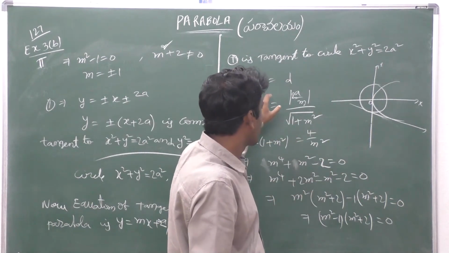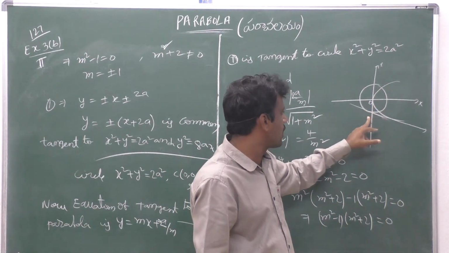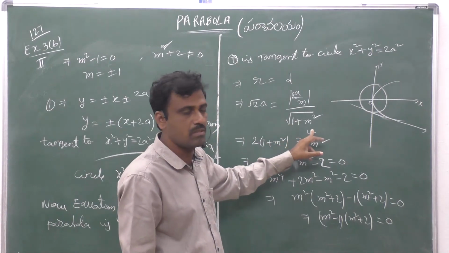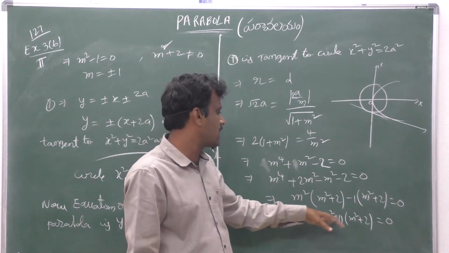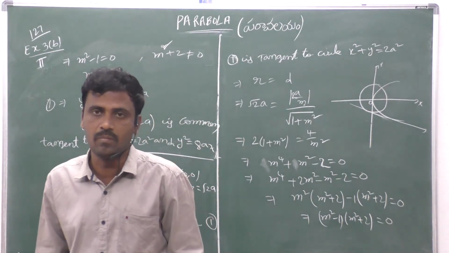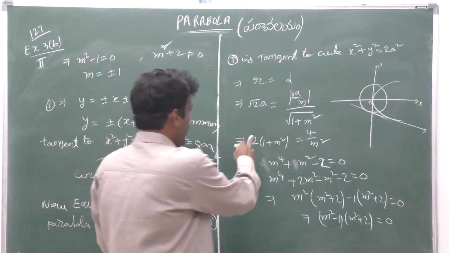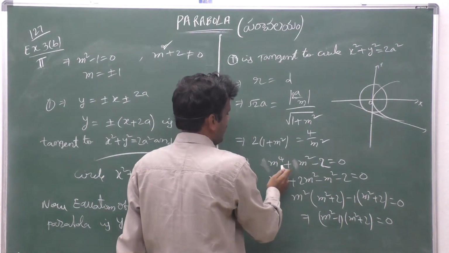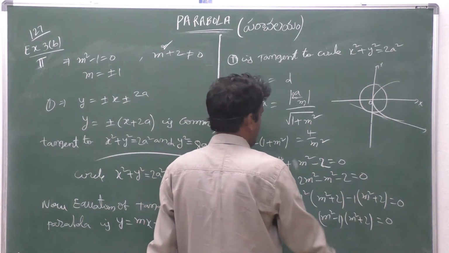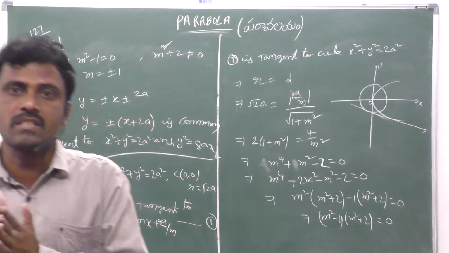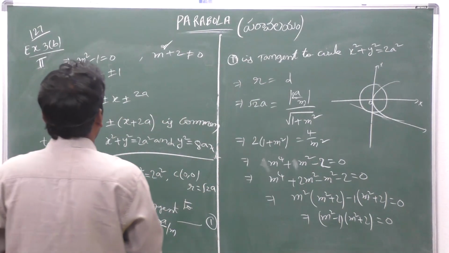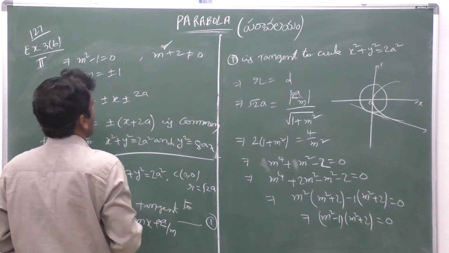That means radius equal to perpendicular distance from origin to line, mod c by root of a square plus b square. 2 cancel, cross multiplication, we get m square minus 1 into m square plus 2 equal to 0, because 2 into 1 plus m square equal to 4 by m square, cross multiplication, m power 4 plus m square minus 2. Factorization, we get m square minus 1 into m square plus 2 equal to 0. That is m square equal to 1, m equal to plus or minus 1.